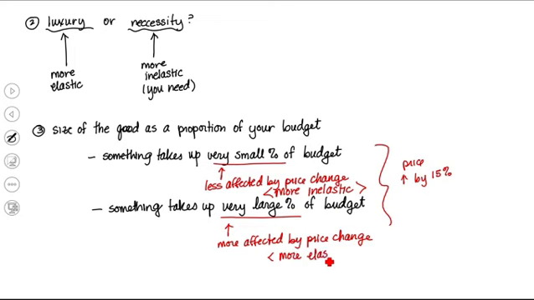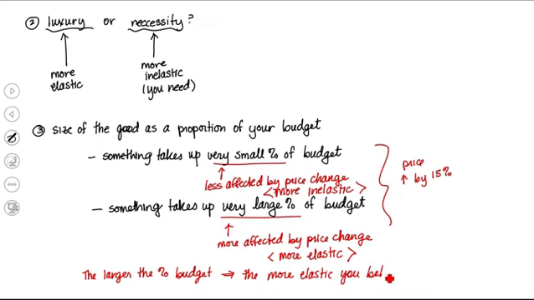More elastic. All right. So what's the punchline here? The larger the percent of your budget, the more elastic or more inelastic you are? The more elastic you behave.